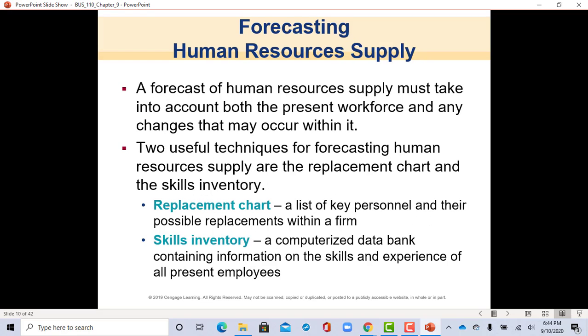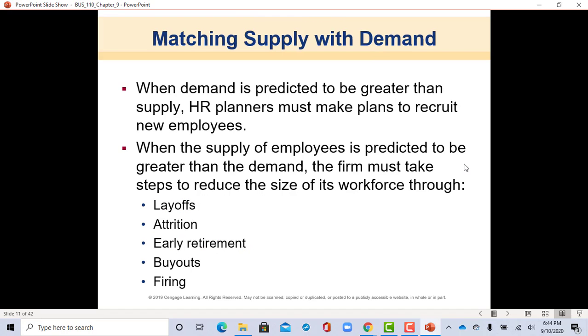In order to estimate HR supply, planners can use internal charts or external inventories. After demand and supply are determined, HR planners must devise a course of action for matching one with the other.